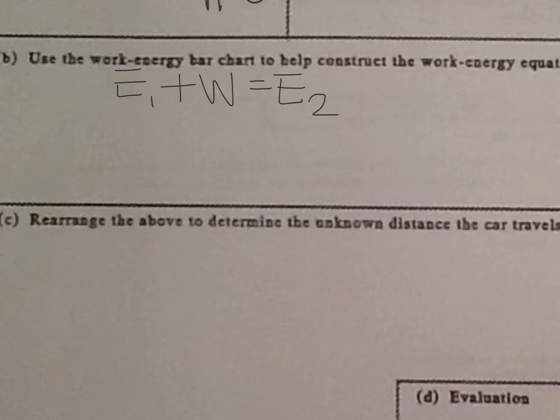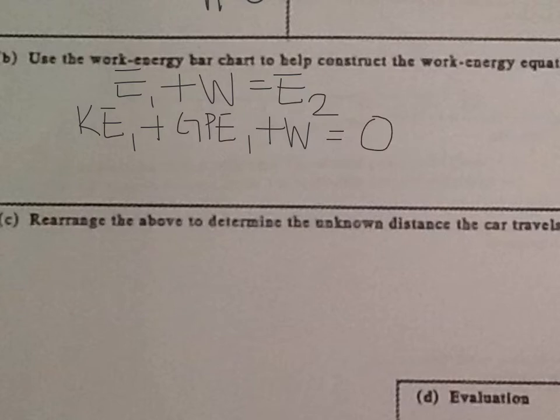We know that at 0.1 there is KE and GPE plus the work done by friction, which is negative, is equal to 0, since there is no energy at 0.2.